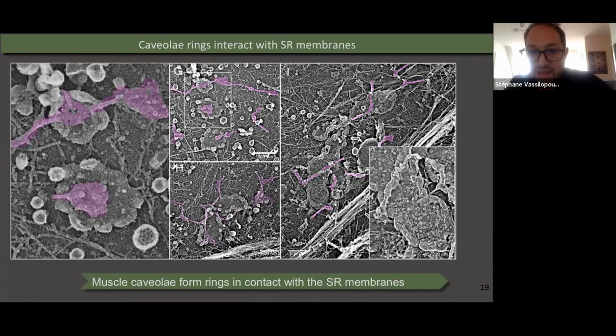And here, you have a long caveolae ring with the ER surrounding it. So although this is not a perfect association between the two, we see that whenever we have these caveolae rings, they are surrounded by these ER-SR membrane compartments.